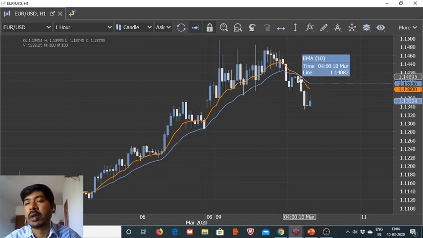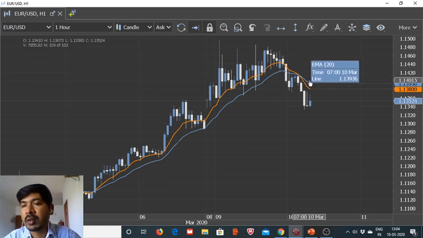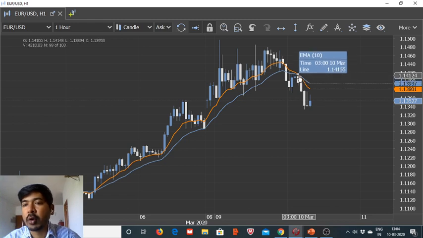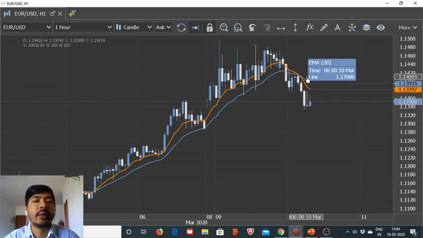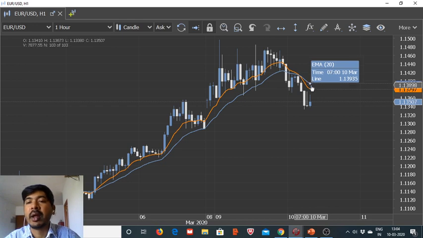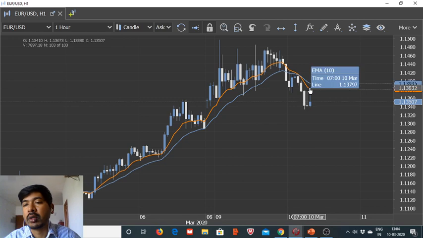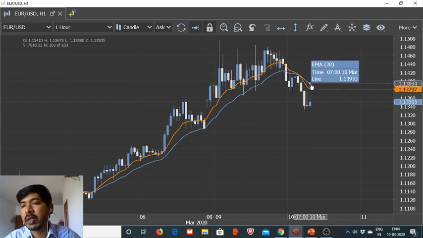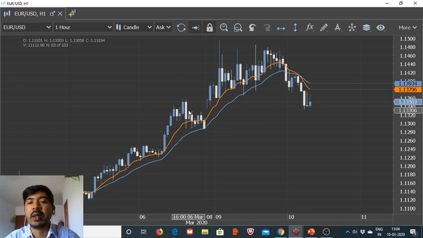Here you can see that it's been just 3 to 4 hours since this crossover happened, and naturally the probability is high that if we go for a short trade anywhere closer to this EMA confluence area of around 1.140, we will stand a better chance of ending up in profit. Of course, there is nothing certain, so we can even end up in loss, but we can optimize our trading position to cut down on the losses.